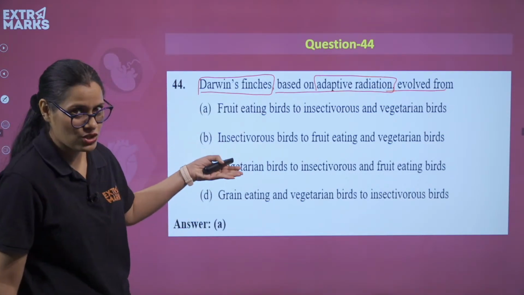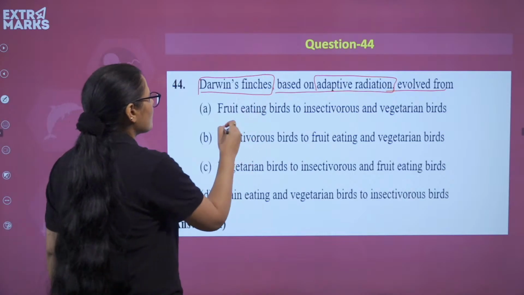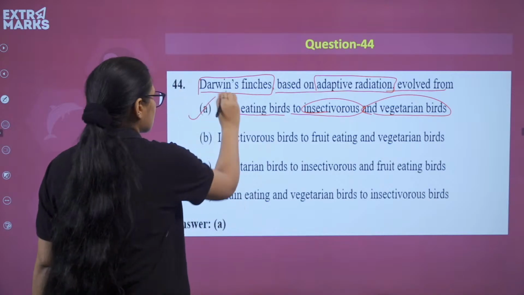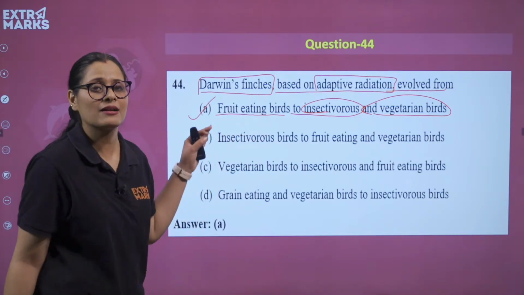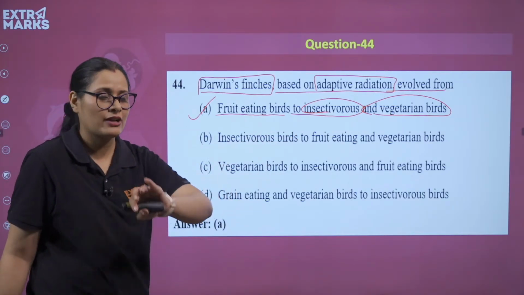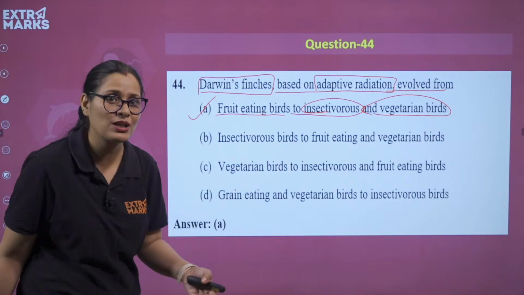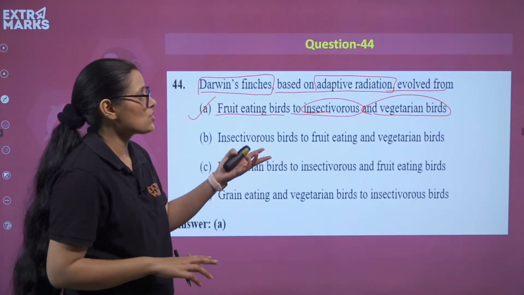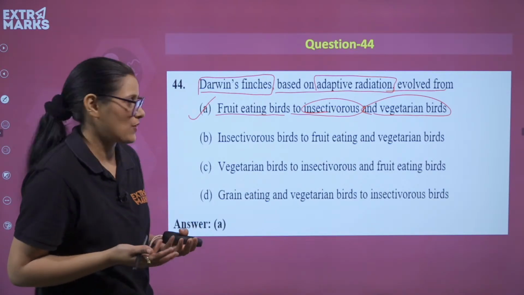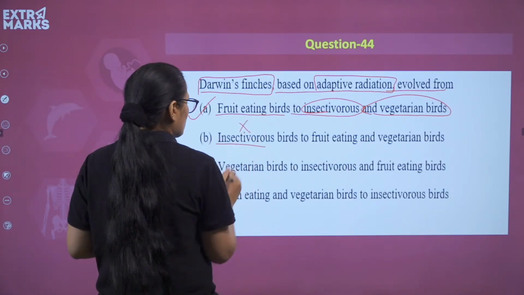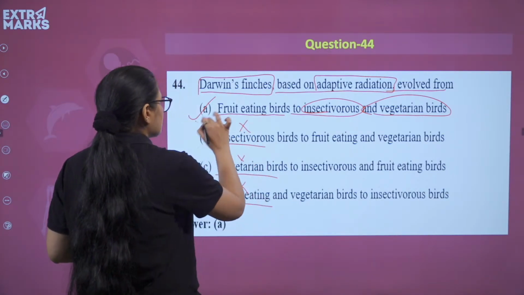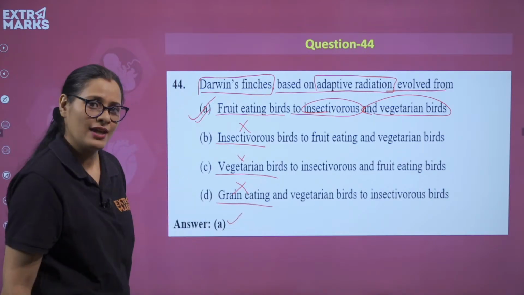Now the extension of this question is that it evolved from fruit eating birds to insectivorous and vegetarian birds, and this is correct because that small black colored bird is a fruit eating bird that went to Galapagos Island and according to the environmental conditions adapted there and then became insectivorous, vegetarian, frugivorous, then maybe grain eater, etc. The next option says it is not insectivorous, it is not a vegetarian but a fruit eater, and then grain eating, no. So it is option number A that satisfies the question.